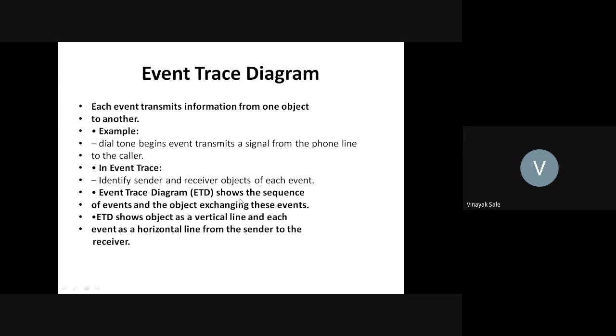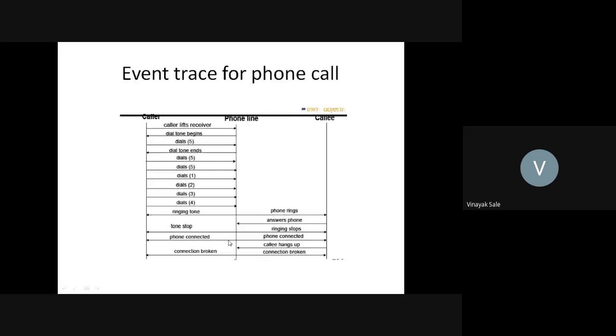The event trace diagram shows the sequence of events and the objects exchanging these events. The event trace diagram shows each object as a vertical line and each event as a horizontal line.